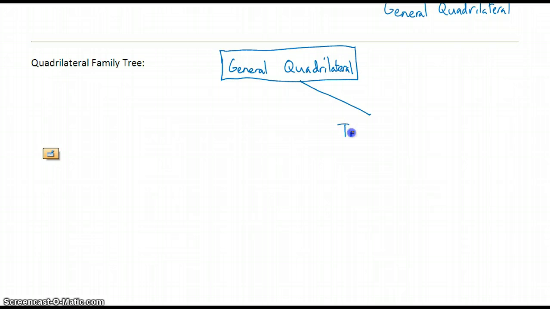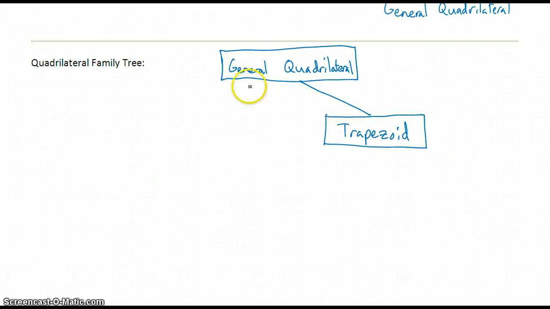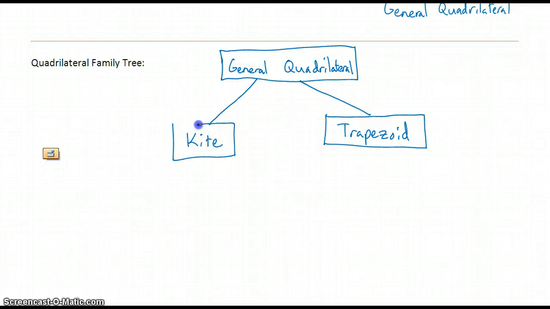That first branch is the trapezoid. The second branch is when we have a shape that is, in addition to being a general quadrilateral, a kite. A kite doesn't have any parallel sides, but it does have 2 pair of congruent sides.